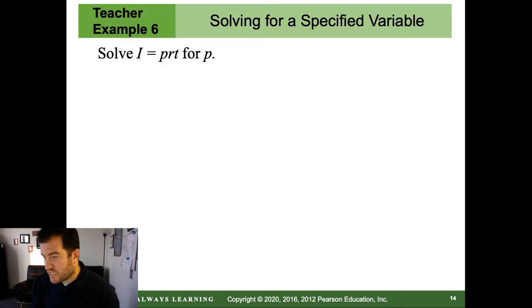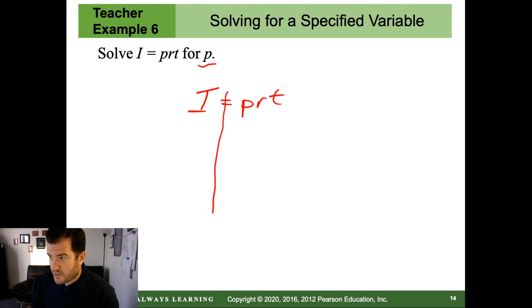So here, solve I equals PRT for P. So the first step I do is I put my line around here. What I see here is that the P is being multiplied by the R, which is being multiplied by the T. To solve for this, I need to divide both sides by RT.